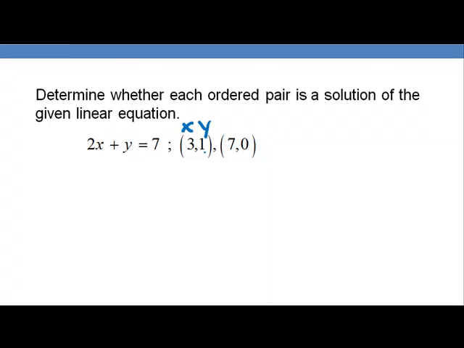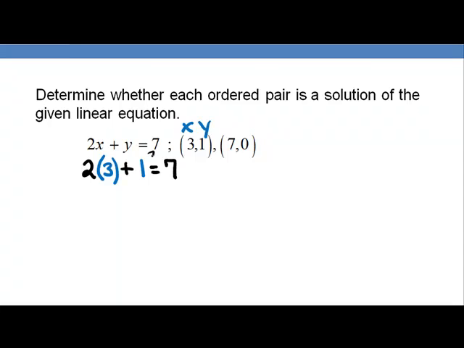So we're just going to substitute, like an evaluate question, into our original. So we're going to keep the 2. It needs to be times the x, which is 3, plus, and then we'll plug in the y, which is 1, equals 7.